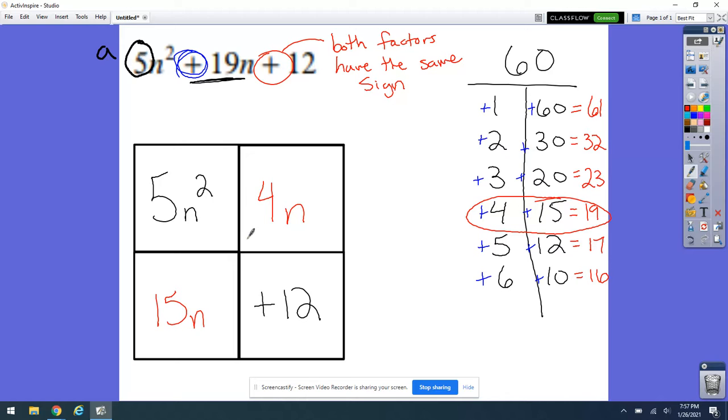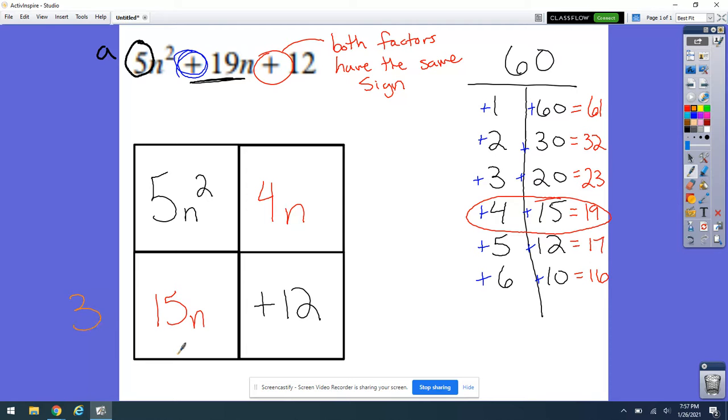So how we have to factor, you fill these in, 15 and 4. What I have to do is figure out what numbers can multiply to give the factors of each part. I have these two rows here and these two columns here. So let's set that up. I have a 15 and a 12. What number can I divide out of 15 and 12? Which number do they have in common?